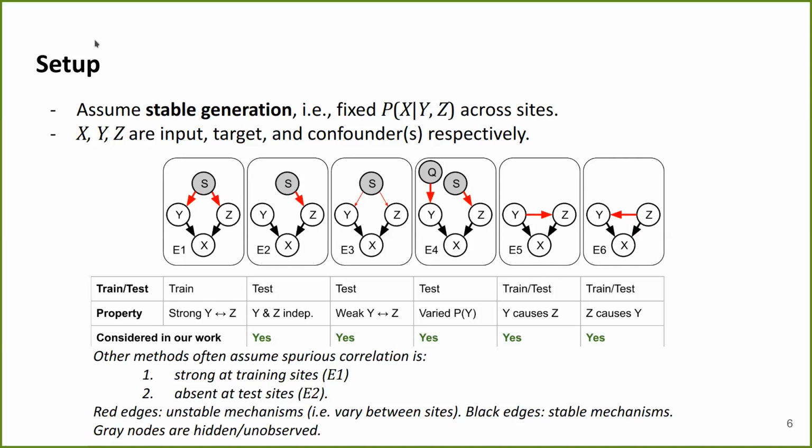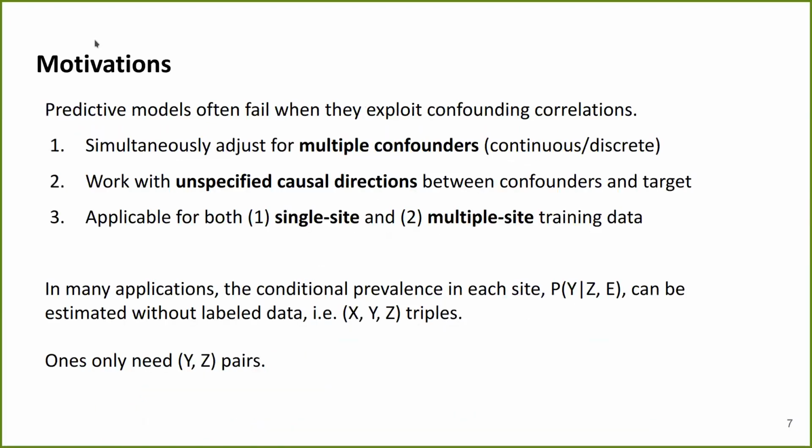Given the multitude of data generating mechanisms, it is important that invariant learning approaches should be able to deal with different mechanisms. This motivates us to come up with an approach that works with multiple confounders, since there can be multiple, and works with different types of causal relationship between x, y, and z.